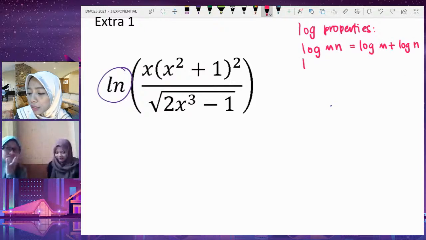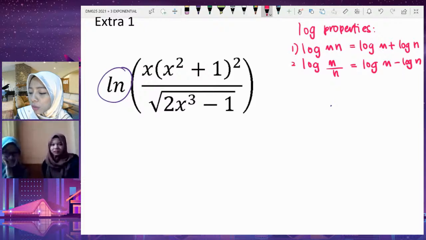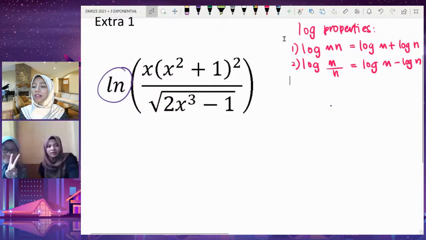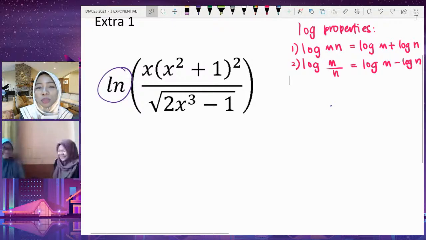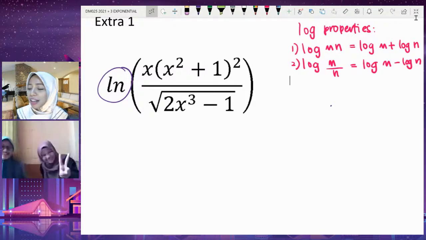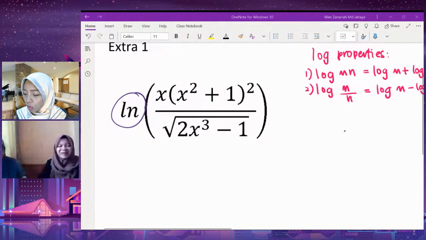Meanwhile, log m over n equals to log apa sayang? Minus log n. So I nak guna mana satu ni? Nombor 1 ke nombor 2? Cuba komen dekat bawah. Nombor 1 ke nombor 2 ke? Atau kedua-duanya? Mari kita tengok komen. 1 or 2 or both?